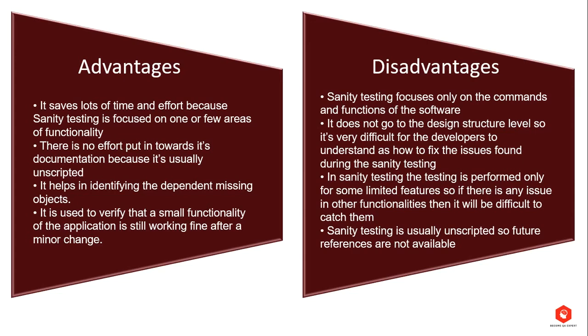So as a part of sanity testing, all of those things should be checked, not just the main functionality, but a little bit around the area of the functionality that was changed, and to go into detail around that one particular functionality.